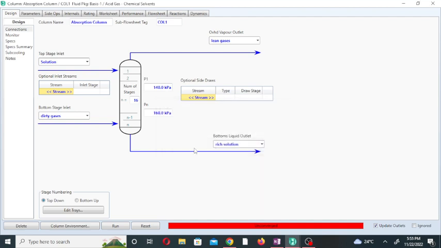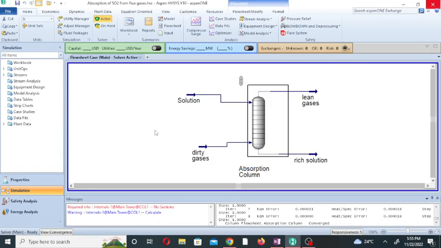Okay. It will take some time to solve. Now it is solving. It has converged. So this is the absorption column.